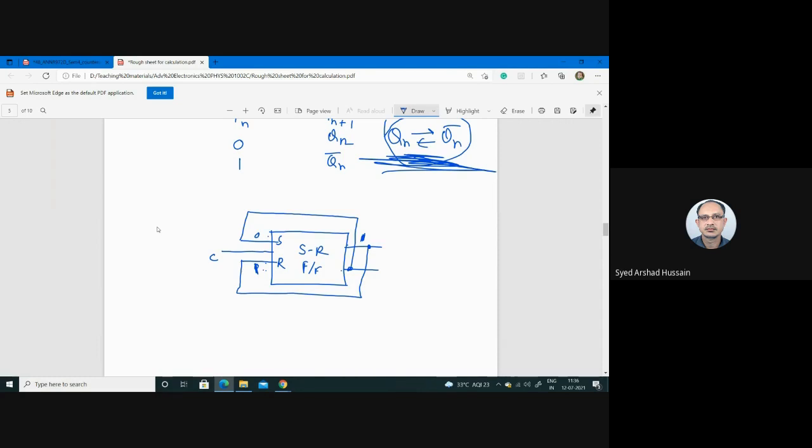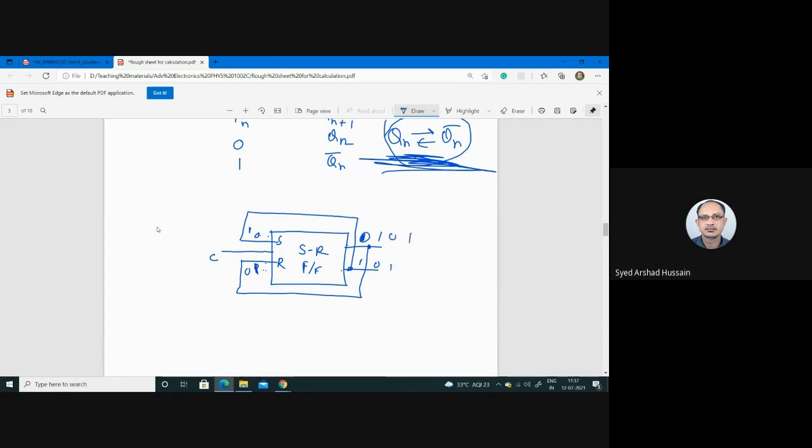So 0 1 means your output will change. Say 0 1 means 0 here, 1 here. Automatically in the next pulse you will see, due to this feedback, 1 will come here, 0 will come here. So 1 0, then 0 will go here, 1 will go here, then 0 1.